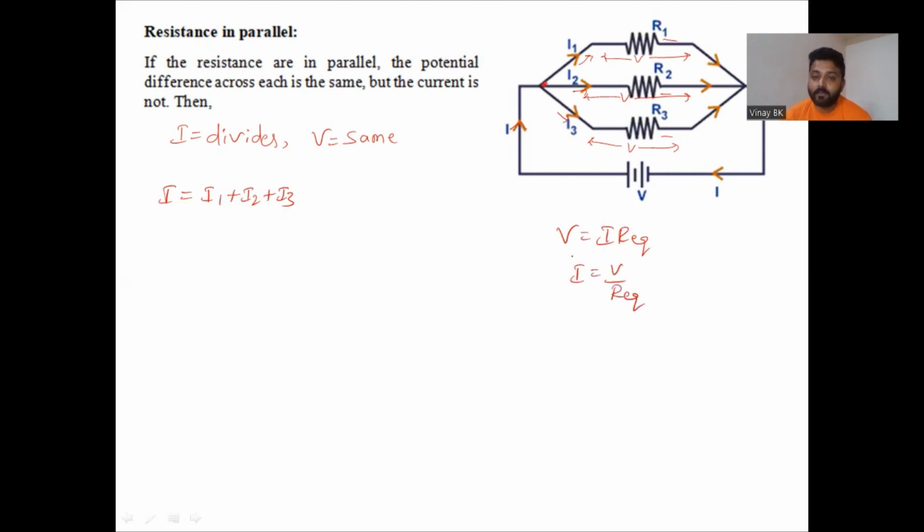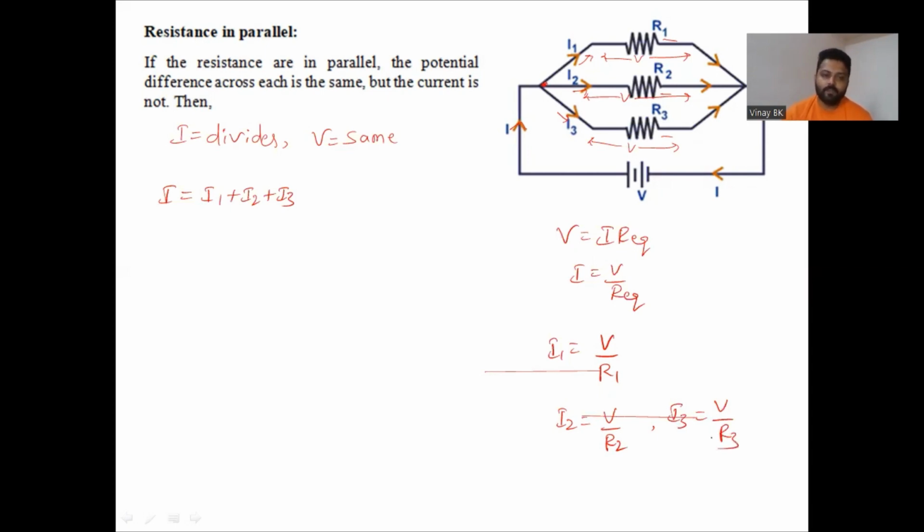Similarly, how will we write I1 from this branch? I1 is given by the voltage across R1, which is V, divided by the resistance in that branch, R1. So I1 is given by V divided by R1. Similarly, I2 is given by V divided by R2 and I3 is given by V divided by R3.